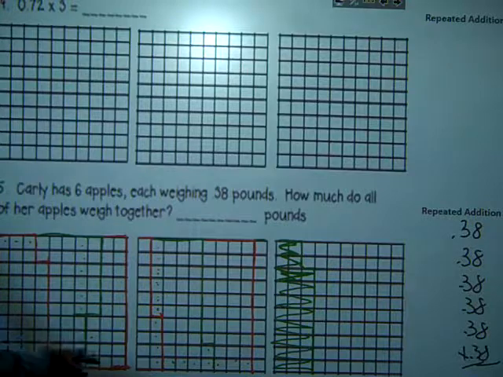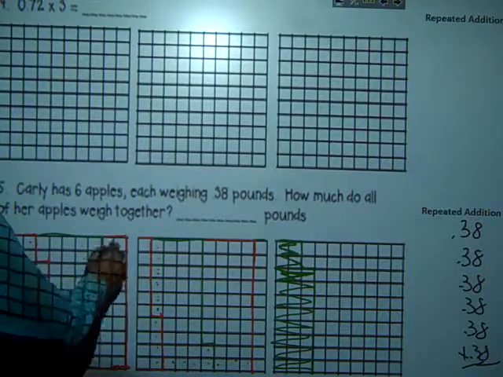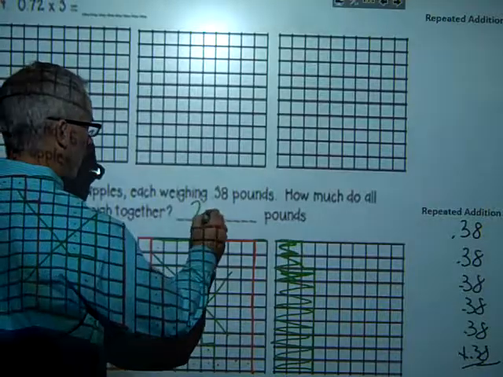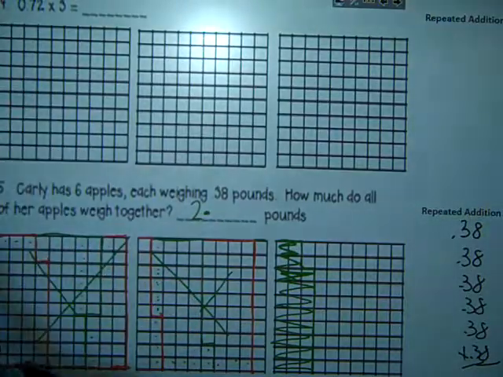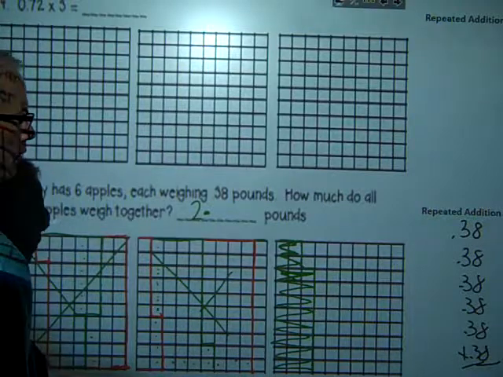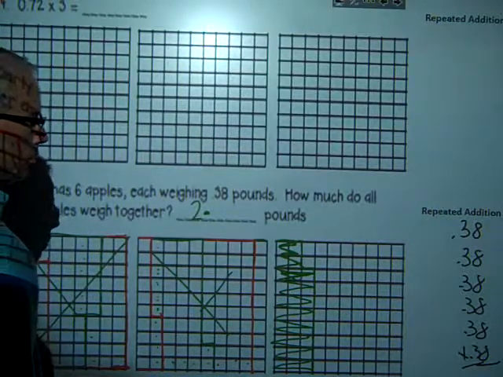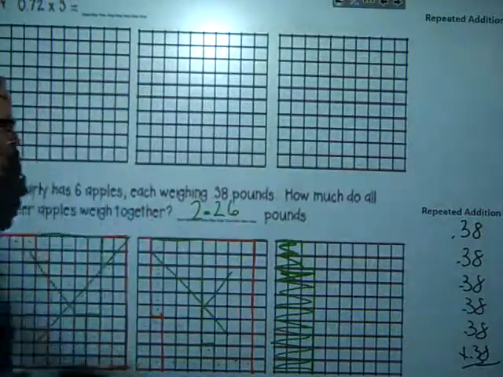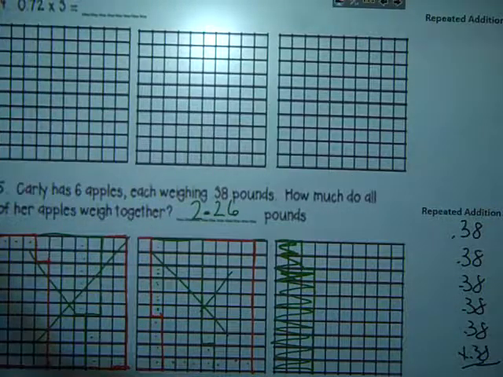So how much do I have shaded in my picture down here? I have how many wholes? 1, 2 wholes, and 26 hundredths shaded. 2 wholes and 26 hundredths. That's a lot of shading, isn't it?